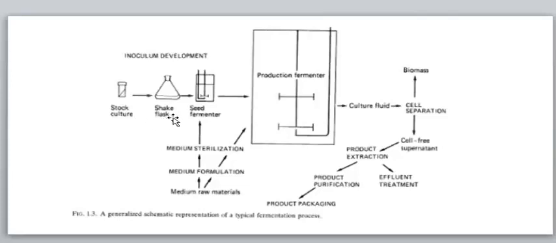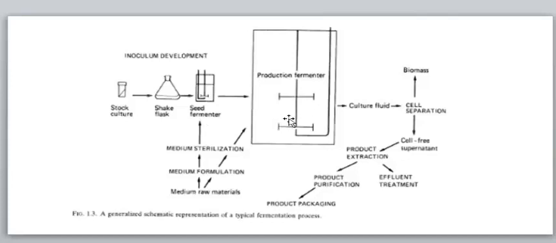We activate the cells, if you have it stored at 4 degrees C, and we first mix it in a seed fermenter where all the medium or nutrients suitable for that particular microbe are added, and then it is added to the fermenter.